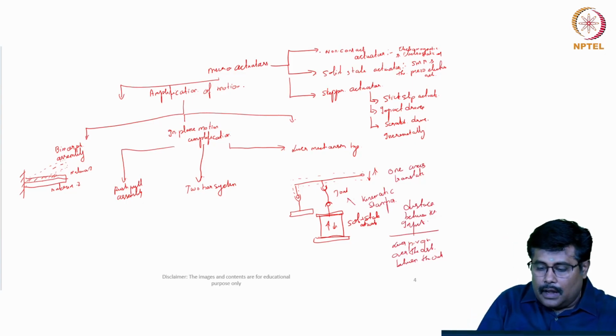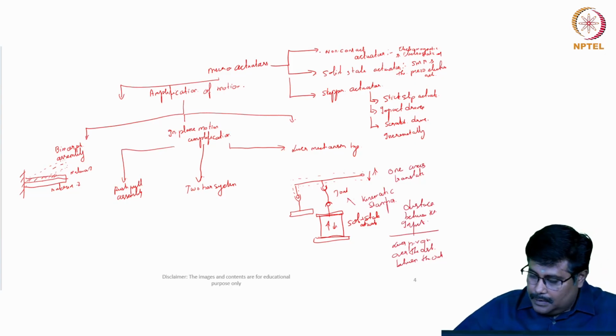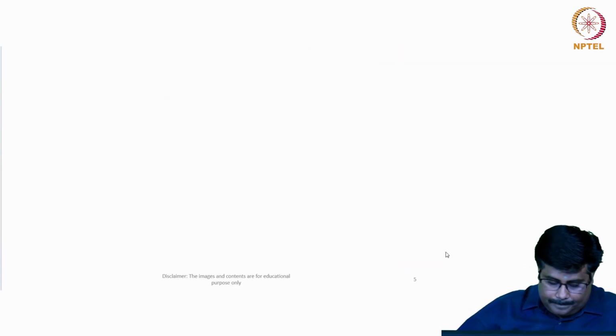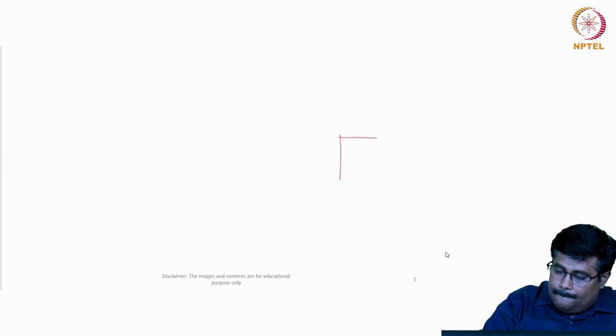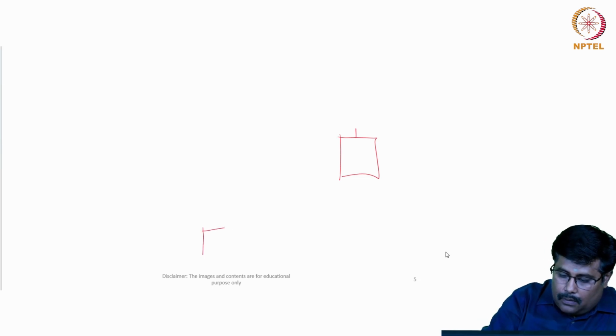So we can also have one more arrangement. So in this arrangement, it can be something like this. This is the solid state actuator. I can draw over here. We have a kind of a mechanism.